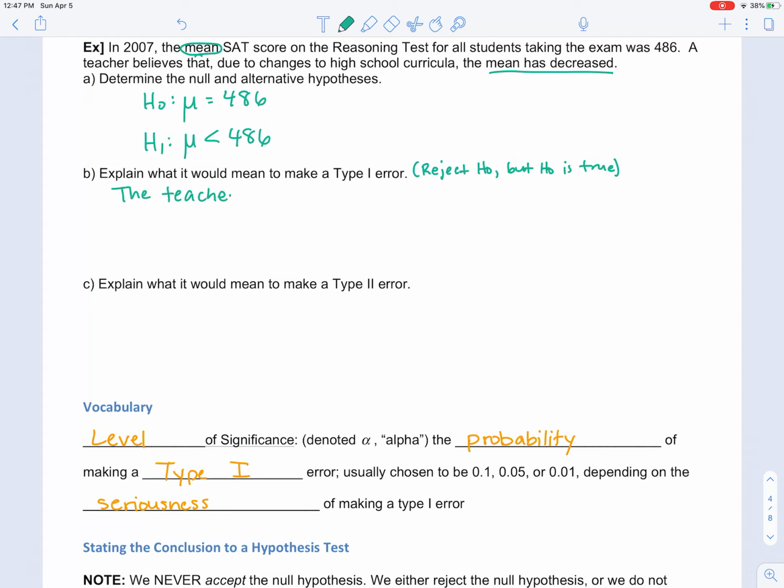Okay, so type 1 error means the teacher concludes, so she's rejecting H naught in favor of H1. The teacher concludes the mean has decreased, but it actually has not. The teacher concludes the mean has decreased, but it actually hasn't.